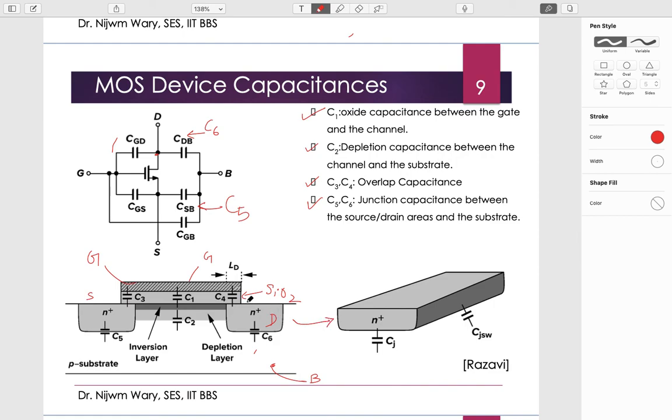Then this capacitance C6 is actually divided into 2 kinds, CJ and CJSW. So we'll see in the next class how we divide these and how we estimate each of these, C1, C2, C3, C4, C5, C6.